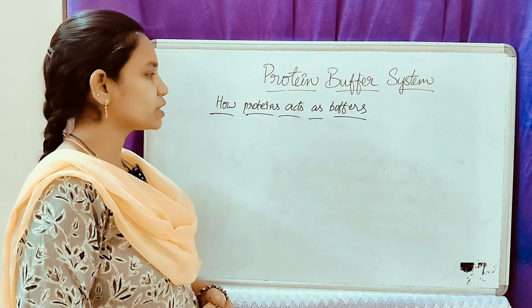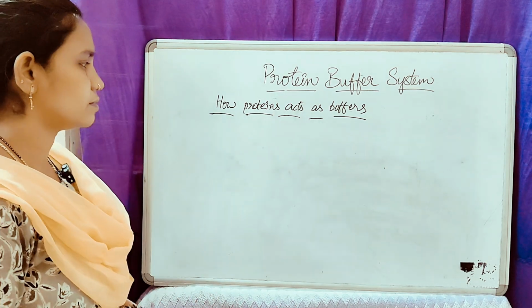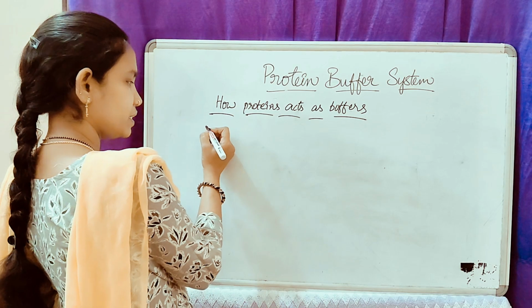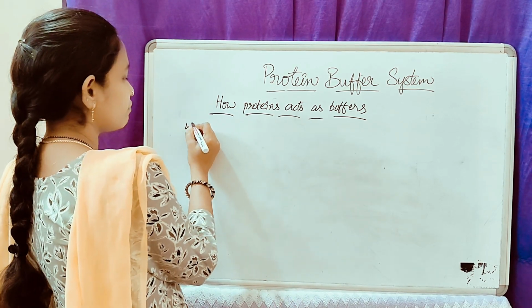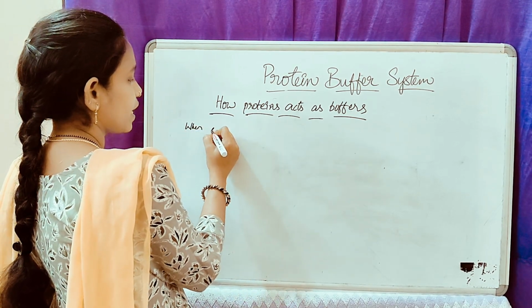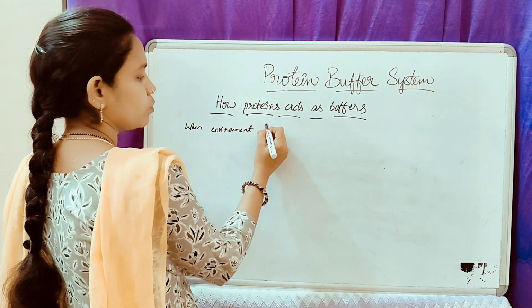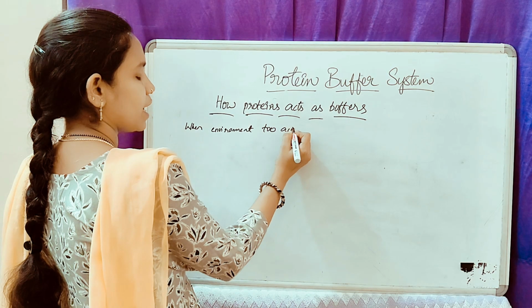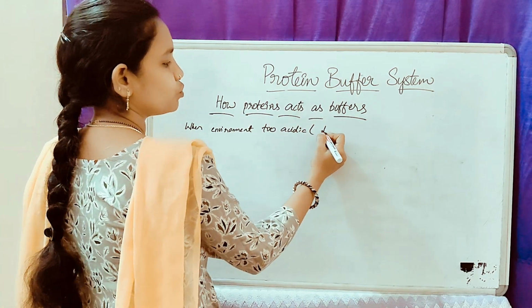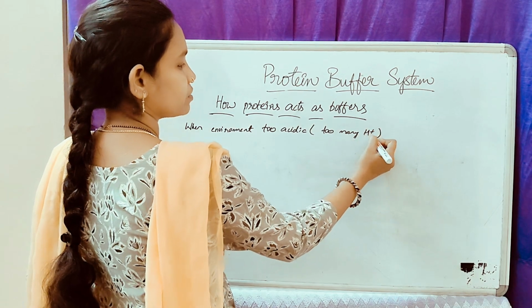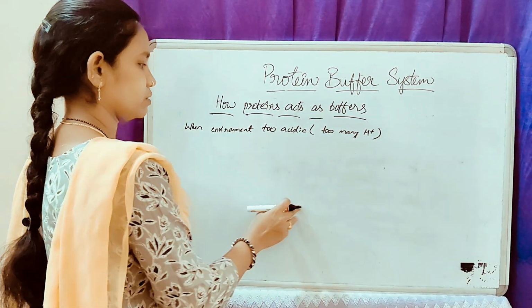Now let's look at the protein buffer system. Means here how proteins act as buffers. How proteins buffer the pH changes. So when the environment is too acidic, means too many H plus ions or protons or hydrogen ions.